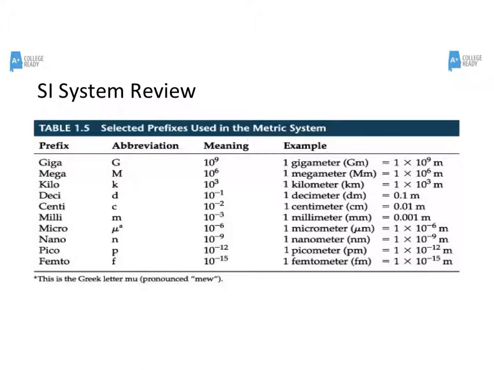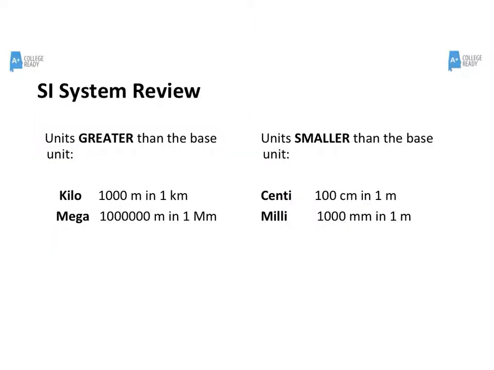The SI system is probably something that you as a chemistry student have been exposed to many times. So we're going to treat this as a review. You do need to be familiar with the prefixes and what they mean and their relationship to the base unit. It's helpful to remember what's greater than the base unit and what's smaller than the base unit.